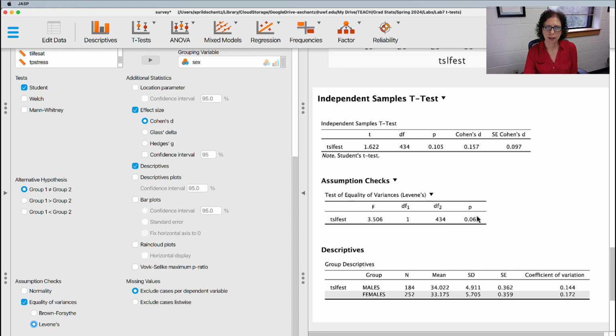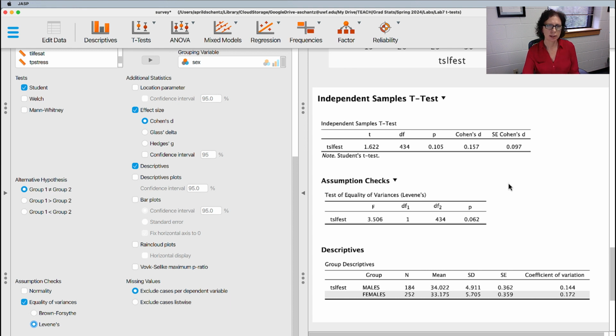It says that the significance was 0.06, which is not significant. And when we're doing assumption tests, a non-significant result means we did not violate the assumption. Which assumption? The homogeneity of variance assumption. So we're good on that. It is a non-significant test, and we have our effect size.